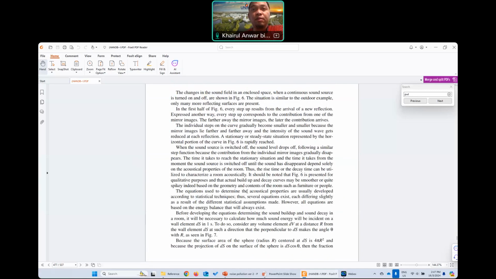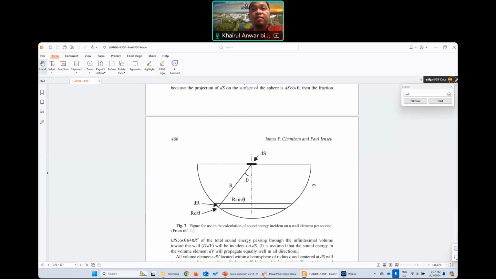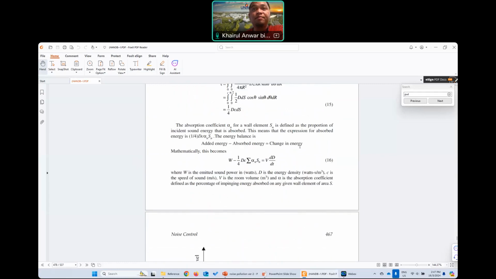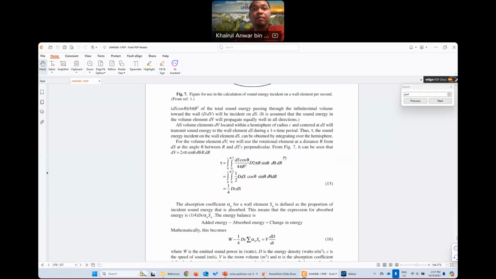The equations used to determine the acoustical properties are usually developed according to statistical techniques. There are several equations, each differing slightly as a result of the different statistical assumptions made. However, all equations are based on the energy balance that will always exist. This is how they came about this equation.